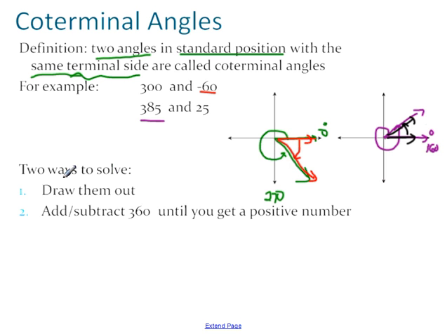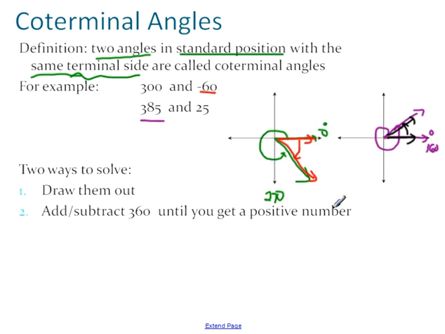So there are two ways you can do this. One is you can draw these pictures and figure it out by reasoning. The other way is you can add or subtract 360, because remember 360 and 0 are the same thing: 0 starts here, and if you go all the way around, you come to the same point again at 360. So you can add or subtract 360, and that will keep your terminal side in the same place.